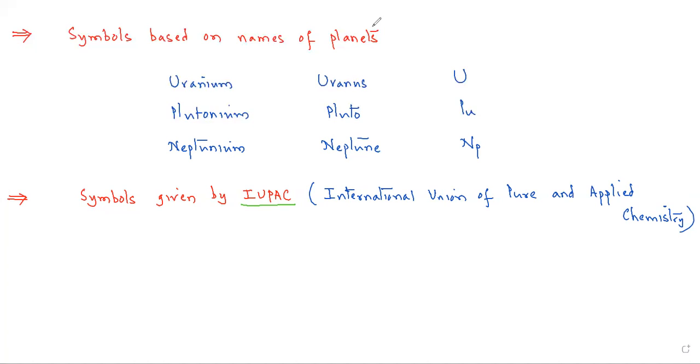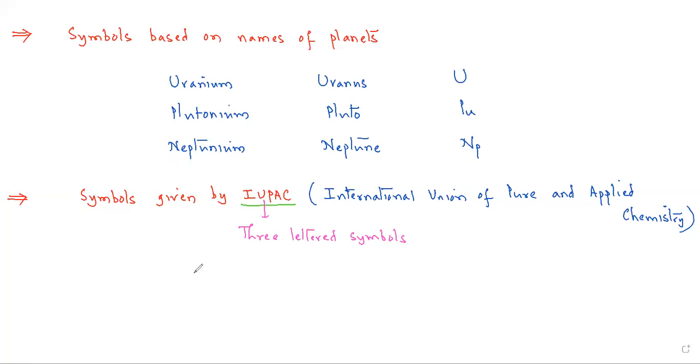Now, IUPAC has actually given some three-lettered symbols. Three-lettered symbols were given by IUPAC. In order to write these three-lettered symbols, you need to know some basic information.